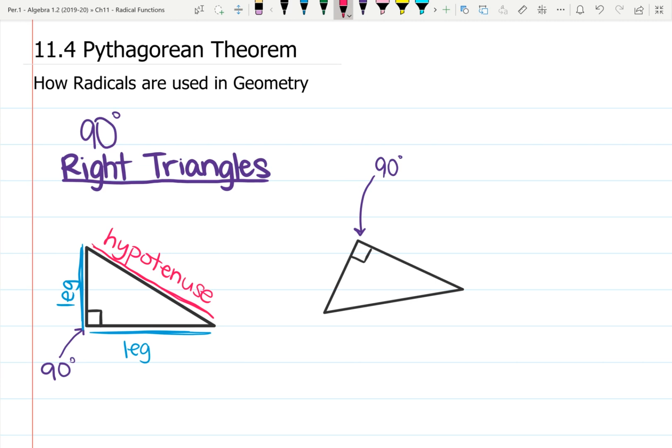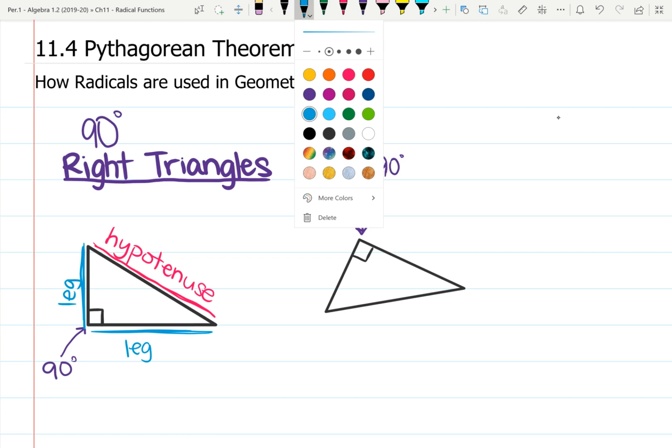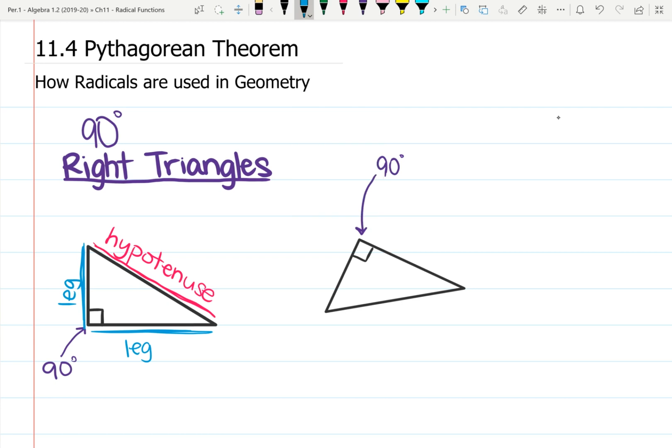Another thing that helps separate the hypotenuse from the legs is, can you see how the hypotenuse is opposite of the right angle? That's how I know we have a hypotenuse. Whereas the legs are the two sides that are attached to the right angle. They make up the right angle. You guys see that? In this case, for these triangles, we call these the legs, and that's the hypotenuse.